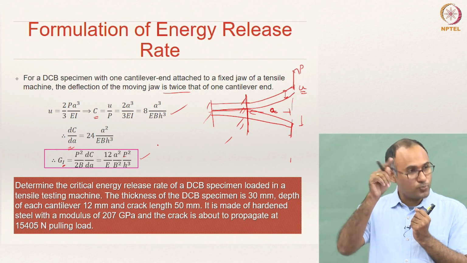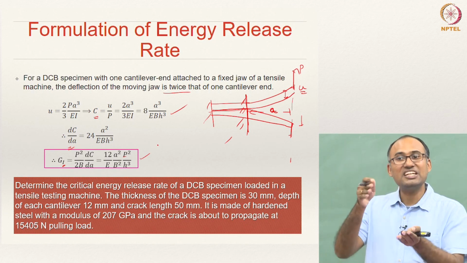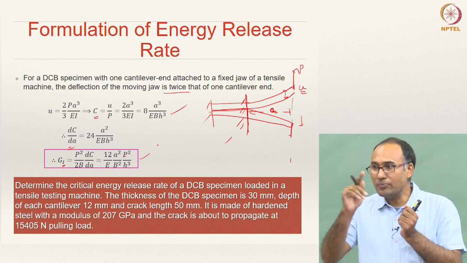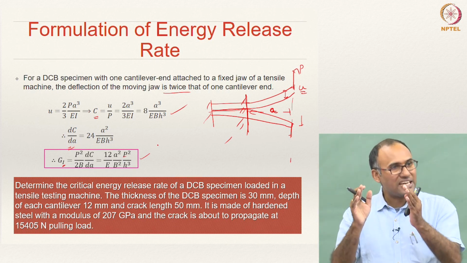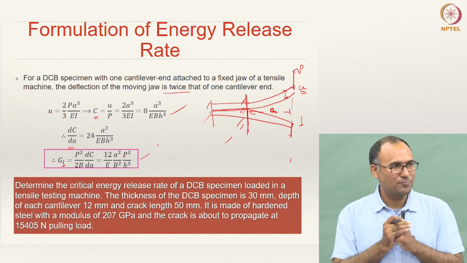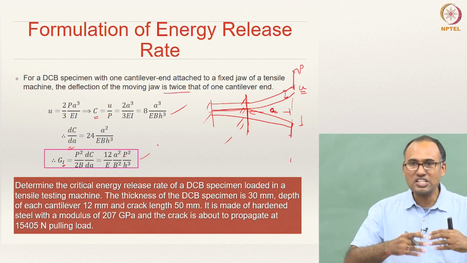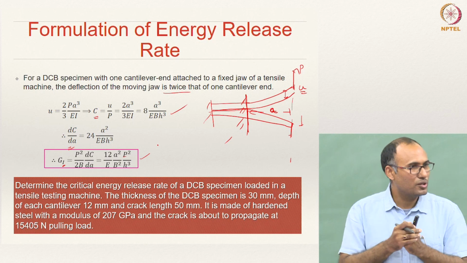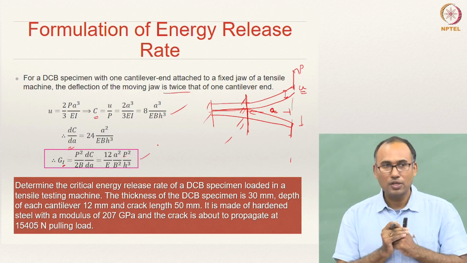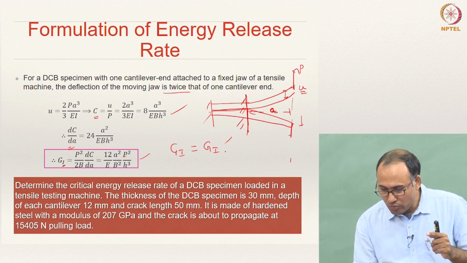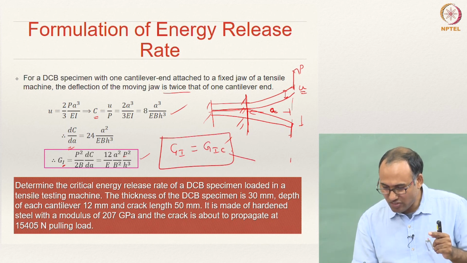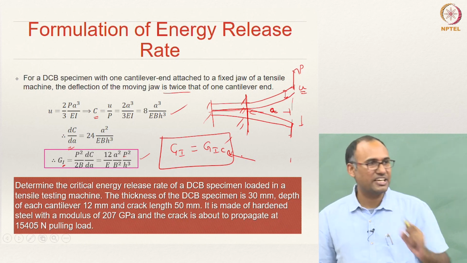The crack starts propagating when the energy release rate in the material becomes equal to the critical energy release rate of the material. Critical energy release rate is a property of the material. Energy release rate is the response of the material to the applied load due to its geometry and applied load. So when G1 becomes equal to G1C, this is what is called critical energy release rate.